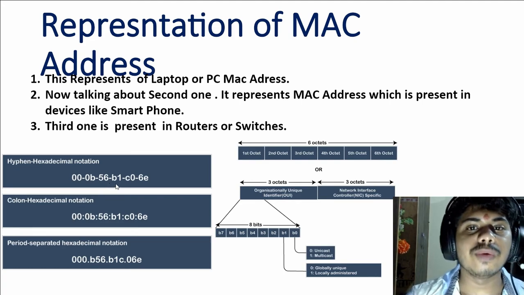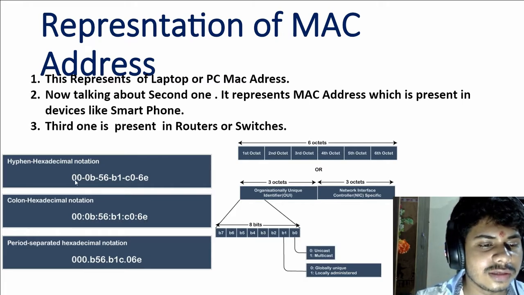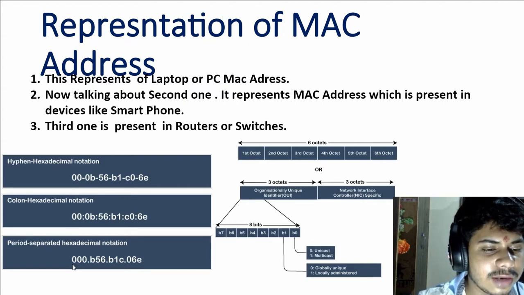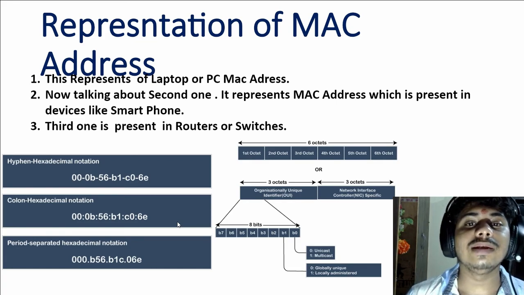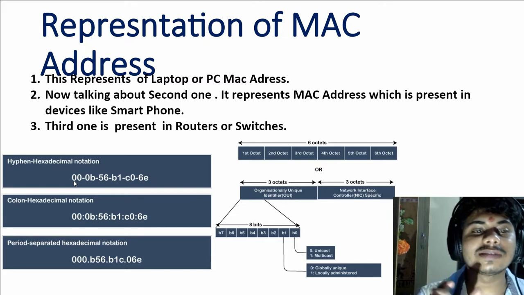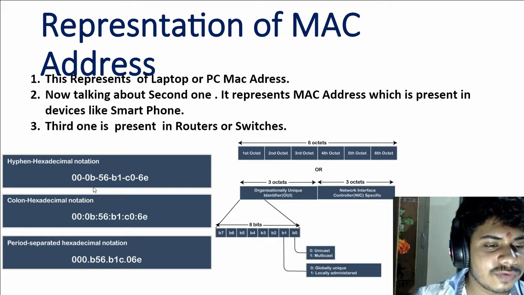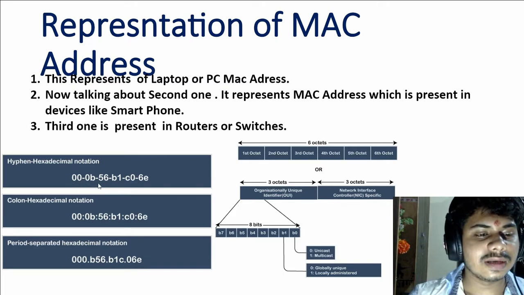it contains 12 digits. Now you can see 1 2 3 4 5 6 7 8 9 10 11 12, 12 digits. You can see here it is also 12, and here 1 2 3 4 5 6 7 8 9 10 11 12. So all these addresses contain 12 digits, and the starting range, which means the starting 6 digits, 1 2 3 4 5 6 till this, this half of the address is given by OUI.